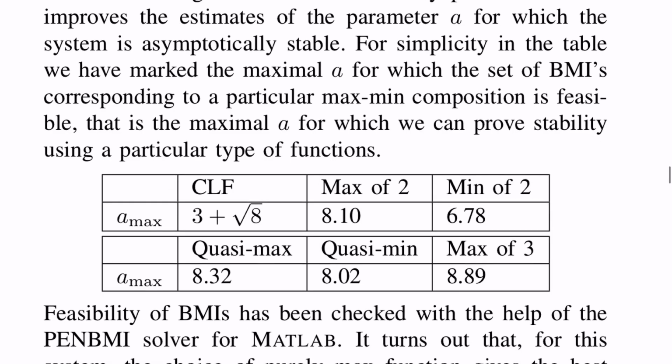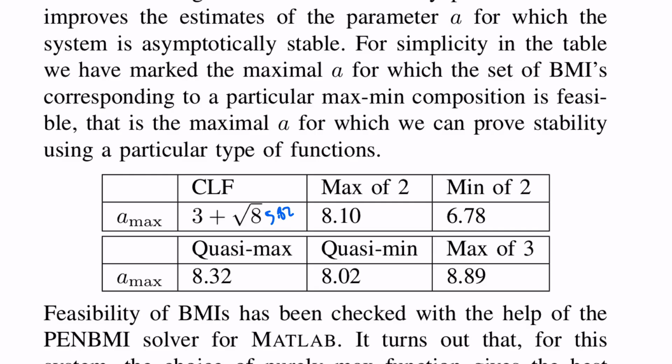And we were able to prove the stability for this given range of A. And this value is 5.82. If we can increase that number, that would be better. Why? Because we would be able to show the stability for a larger set of parametric uncertainty, which is nice.